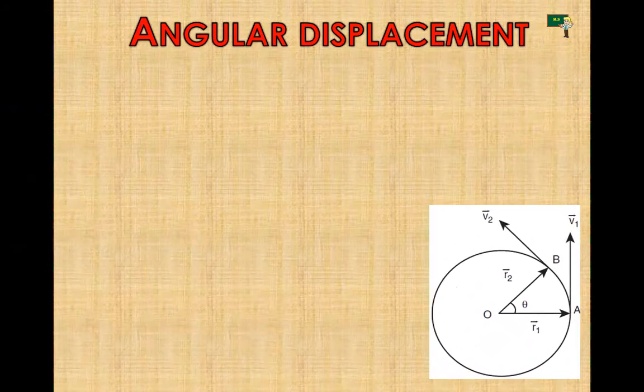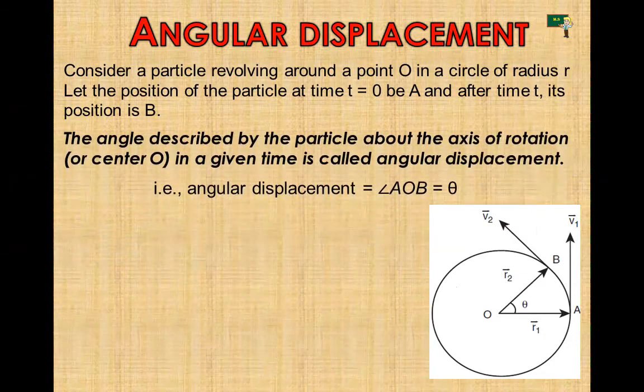We saw the radian and degree. So using that, let's see the angular displacement. Consider a particle revolving around the point O in a circle of radius r.